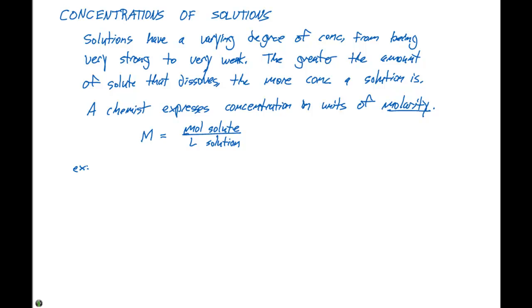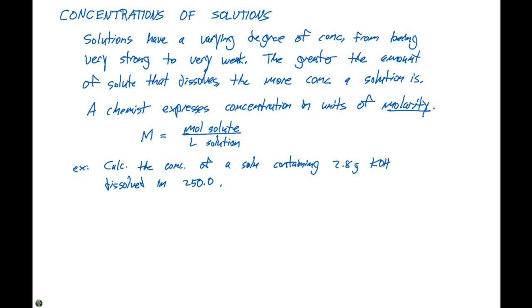So the first example we're going to look at is to calculate the concentration of a solution containing 2.8 grams of potassium hydroxide, which is KOH, dissolved in 250.0 milliliters of water.